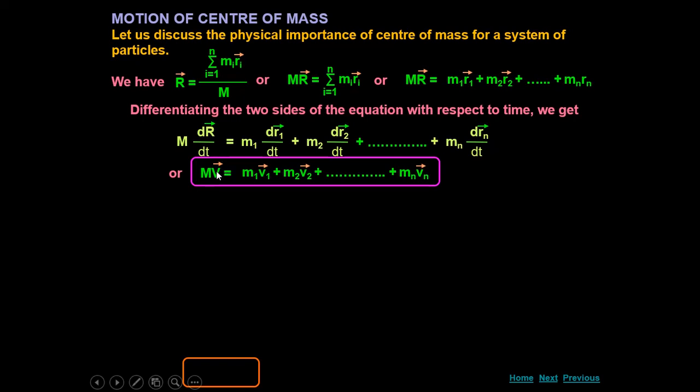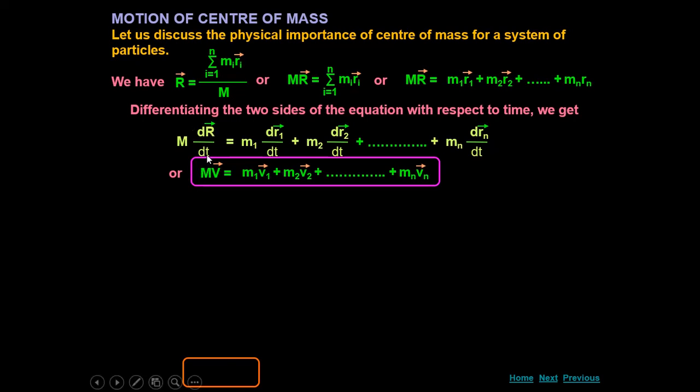So capital V, what does it indicate? It indicates the velocity of the center of mass, because dR upon dt says the rate of change of the position of the center of mass with respect to time.